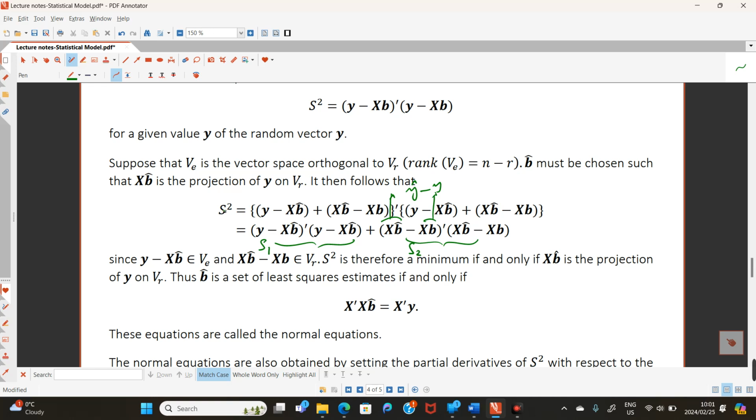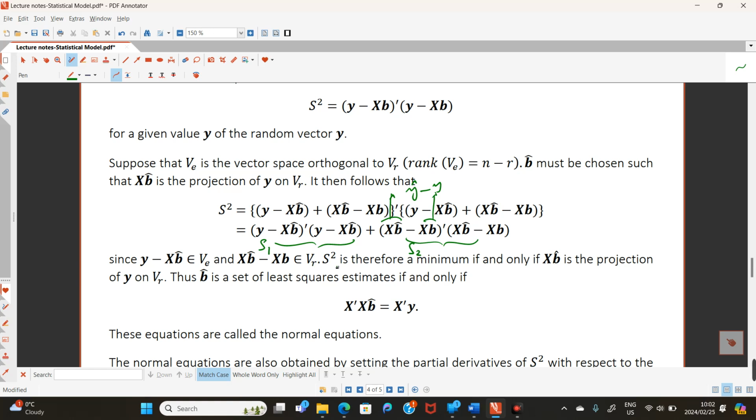So coming back, the sum of squares is written by this formula, and then you can represent it by these two. Once again, if you remember from that schematic representation, Y minus X B hat is in VE, the error space, and X B hat minus X B is in VR.